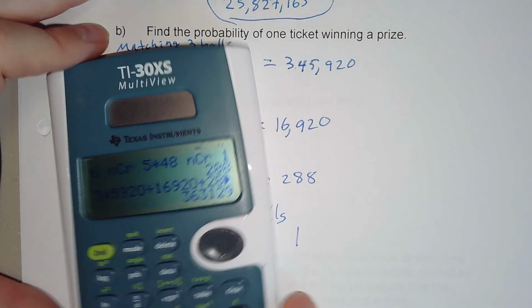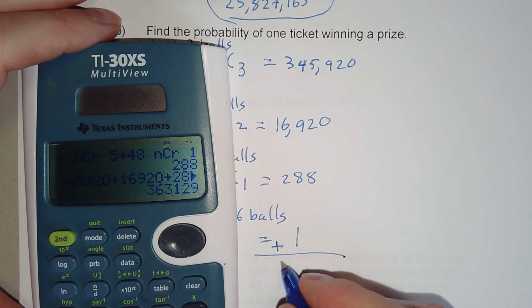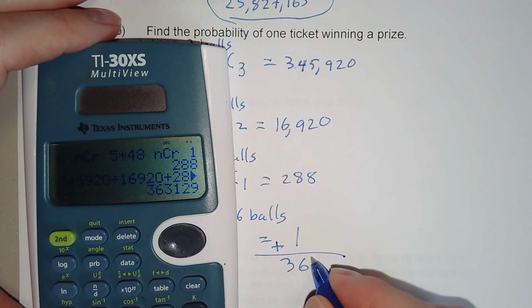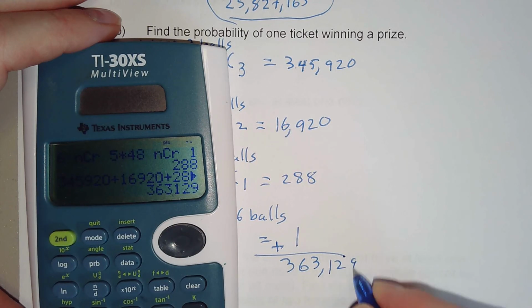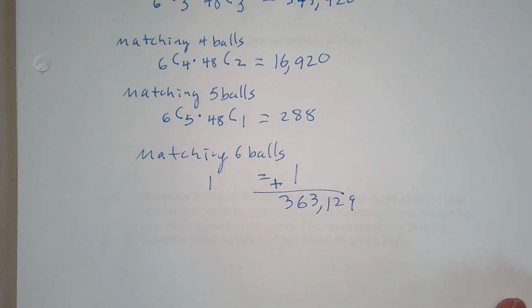So if I total those up, that gives me 363,129. That's how many ways I can win a prize.